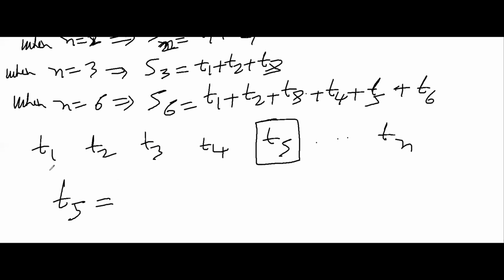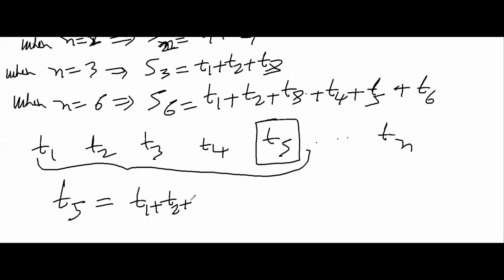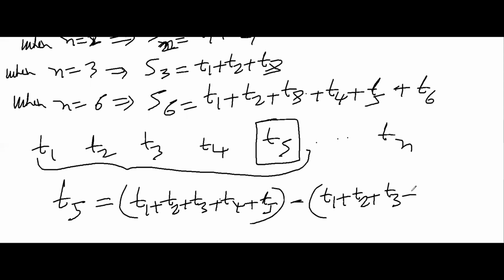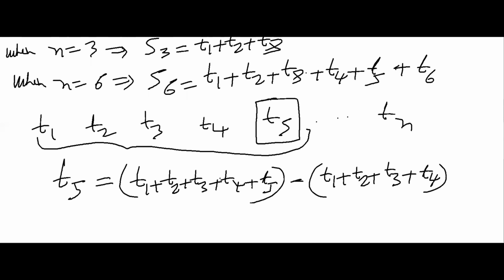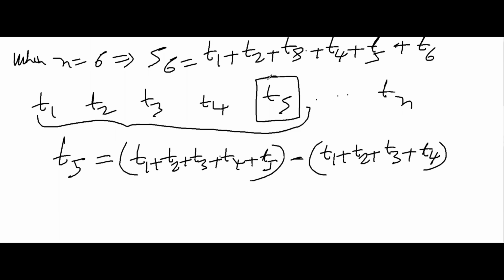You can find this by adding all these: T1 plus T2 plus T3 plus T4 plus T5. And then you will subtract T1 plus T2 plus T3 plus T4, and then you will get T5.